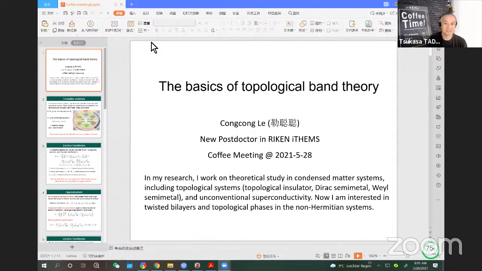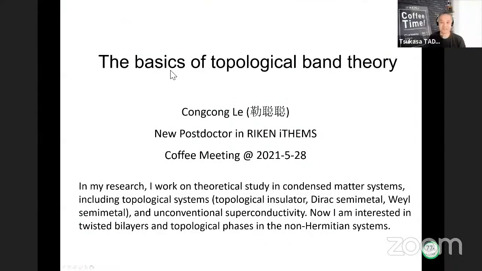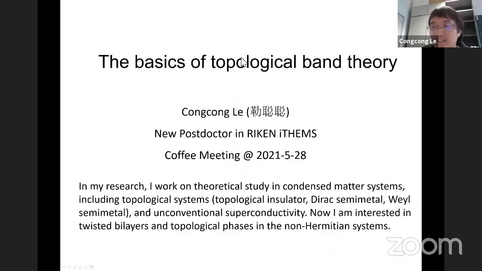Yes, we are seeing a slide. Rather, we are seeing the PowerPoint window. Okay. Now we see only the slides. Okay. Thank you. Oh, sorry. And now can I begin? Yes, please. Okay.